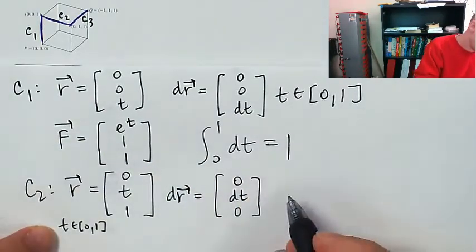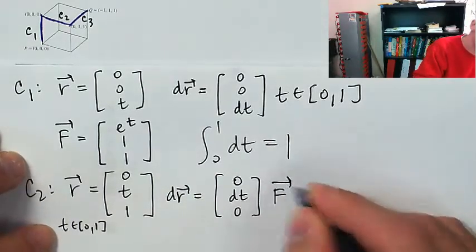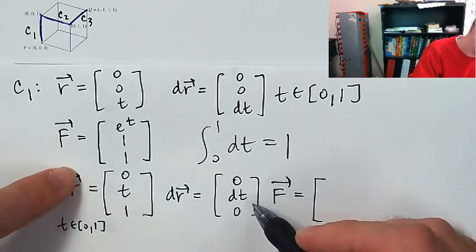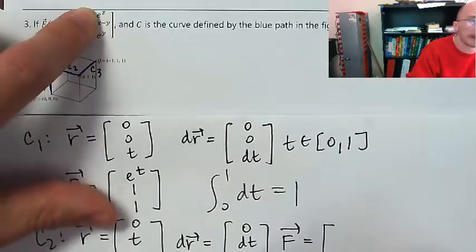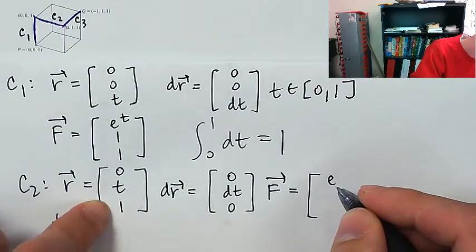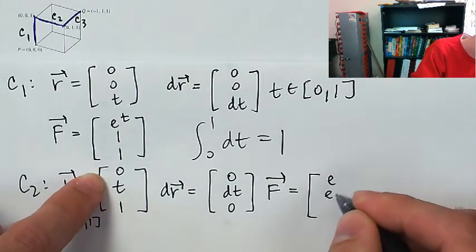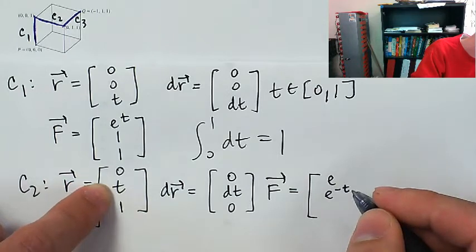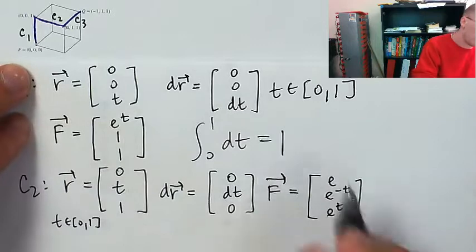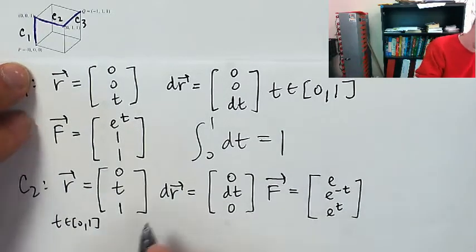Okay, and I need to translate f into t's. So f of r of t is going to be e to the z, that's e to the 1, e to the x minus y, e to the negative t, and e to the y is e to the t. Okay, so f dotted with dr is just going to be e to the negative t dt.